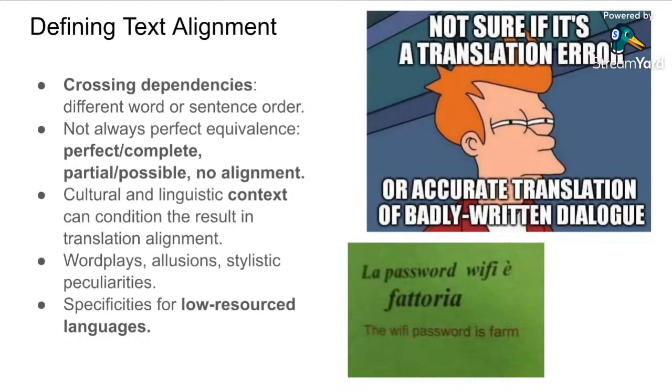There are also particular complexities when it comes to creating alignments out of literary or poetical texts, which are mostly the case in classical or pre-modern texts, where the cultural and linguistic context can create misalignments or mistranslations even. There are cases where allusions, stylistic peculiarities, and wordplays are very, very difficult to render in a different language.